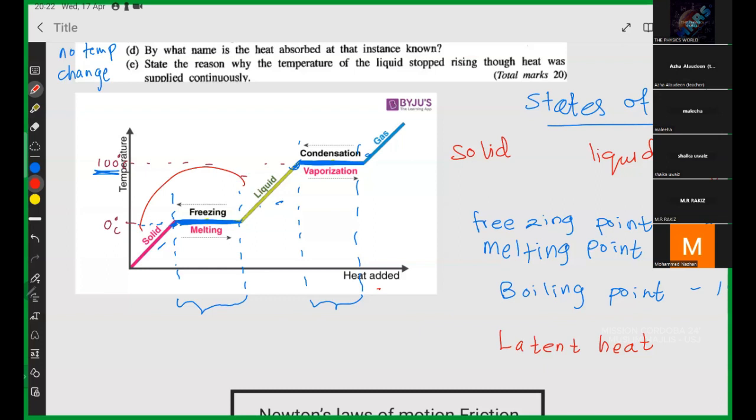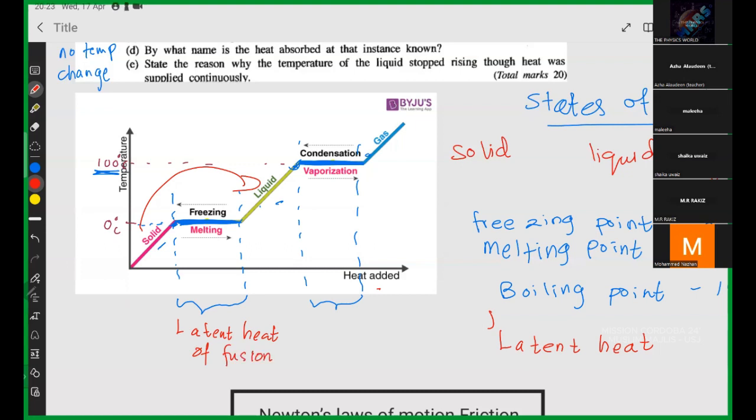Solid becomes a liquid at that time, but heat is absorbed. That heat is what you're calling latent heat. Okay. So we have latent heat of fusion and latent heat of vaporization. This place, where the solid is getting converted to liquid, is the latent heat of fusion.